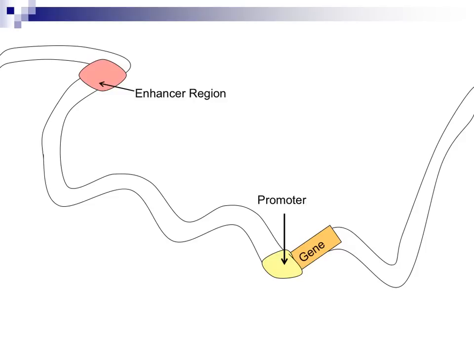Now this is a diagrammatic representation. Imagine if this is the promoter or the core promoter, and here's the gene that we are going to transcribe. The enhancer region may be located at a great distance from the promoter. Now in comparison, a regulatory promoter would be around here.